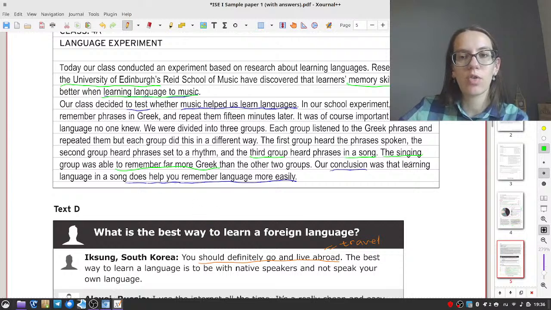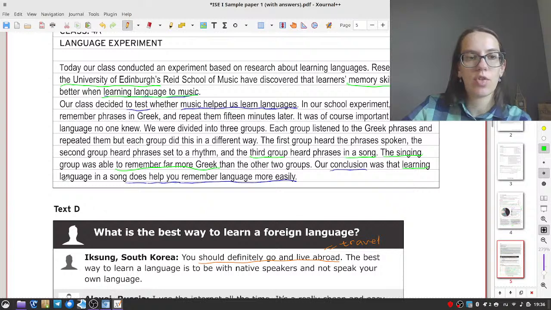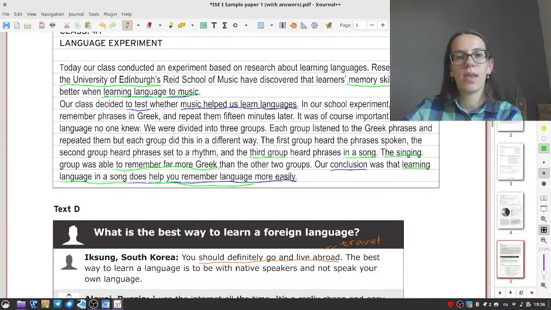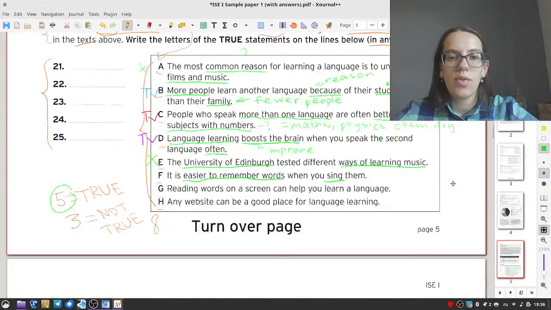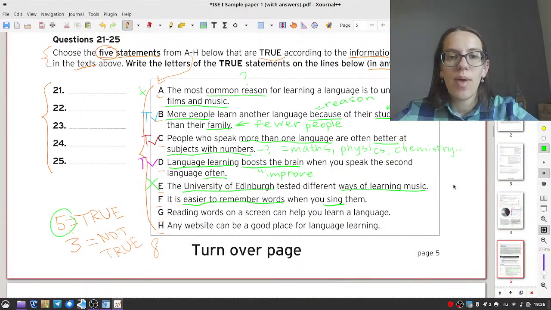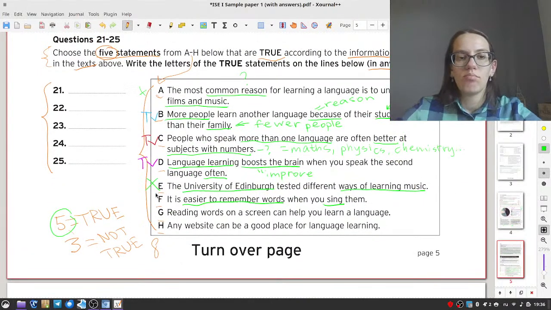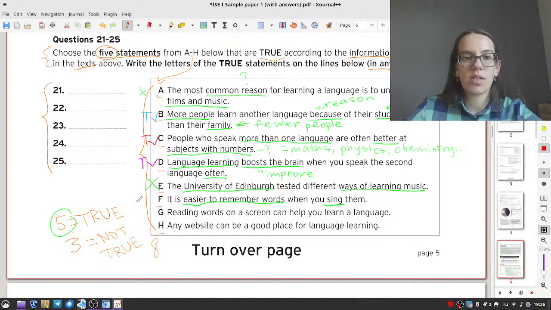So the conclusion was that learning language in a song does help you remember language more easily. So is that true then? Is it easier to remember words when you sing them? It looks like this text states that it's true.